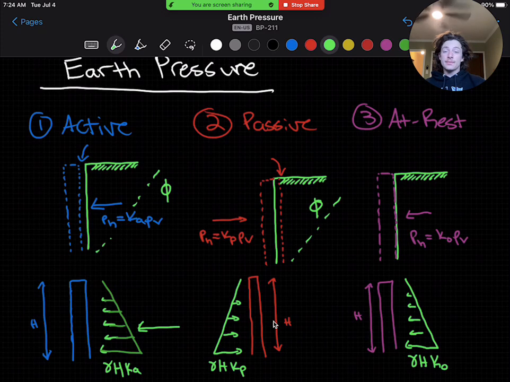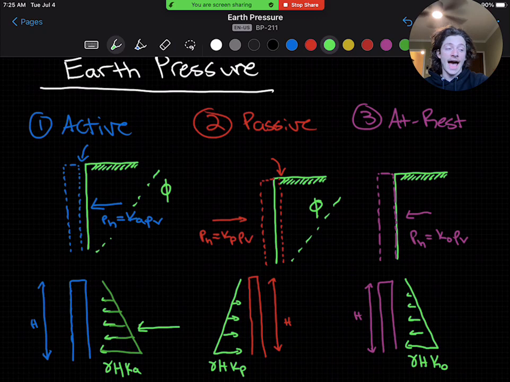Passive pressure is typically ignored in shallow foundation applications, and we will ignore it for our design purposes. I just wanted to give you an example of what passive pressure is. And once again, our lateral resistance based on passive pressure is found using the passive pressure coefficient Kp, which is going to be different than our Ka.